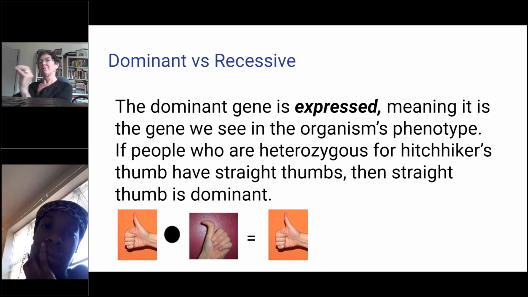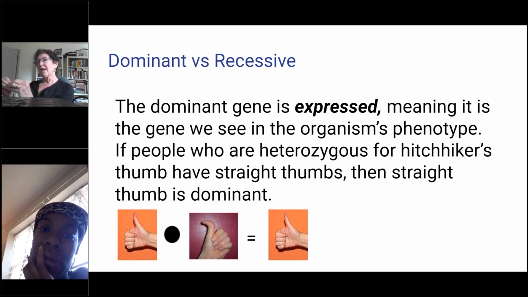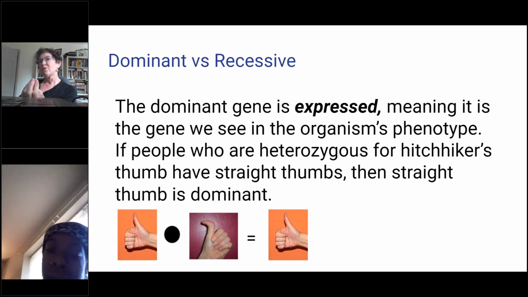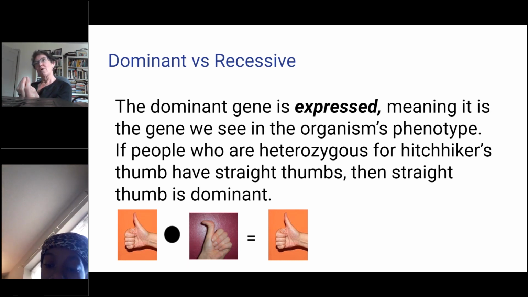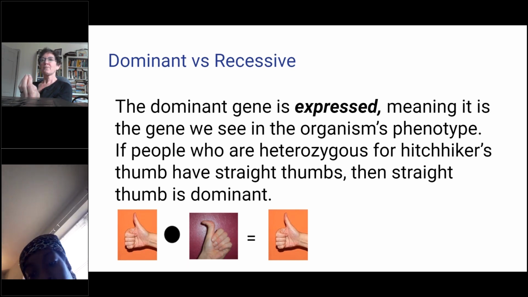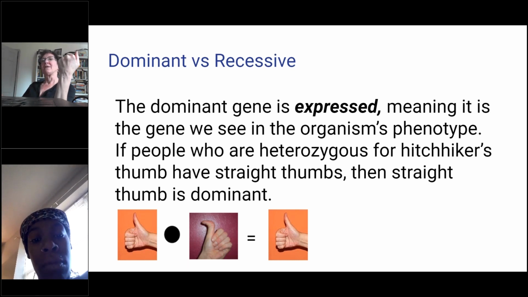So remember, let's go through that term by term. People who are heterozygous have one gene for straight thumb and one gene for hitchhiker's thumb. If all those people who are heterozygous have straight thumbs, then that means the gene for straight thumb is dominant, because that's the one that you see. That's the phenotype. That's the gene that's being expressed. So that results in the phenotype.